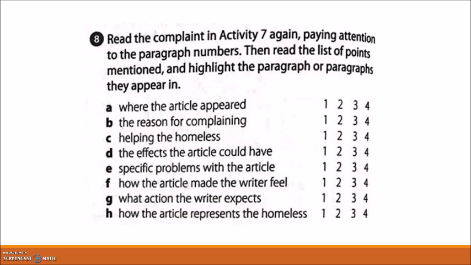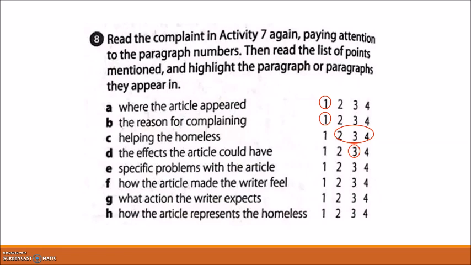So, where the article appeared. That is shown in paragraph 1. The reason for complaining, that is explained in paragraph 1 too. Helping the homeless, that is in paragraphs 2, 3, and 4. The effects the article could have are shown in paragraph 3.